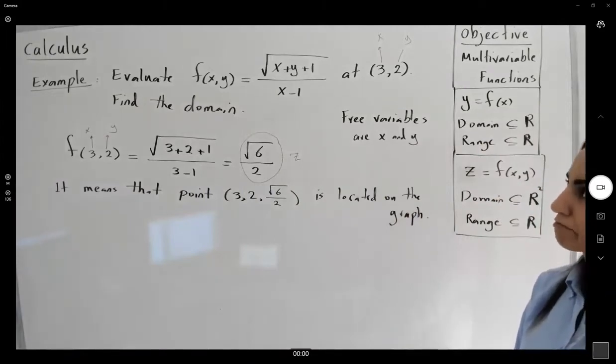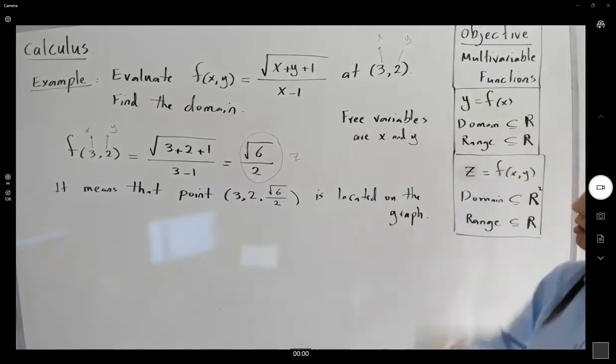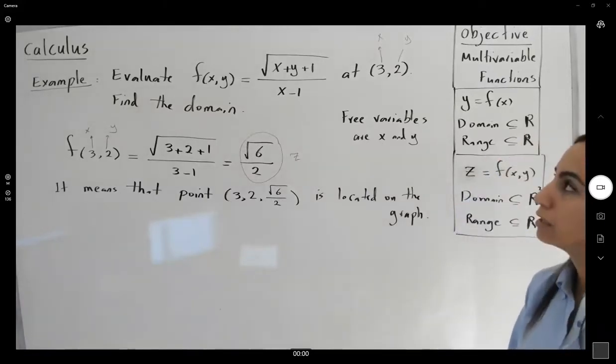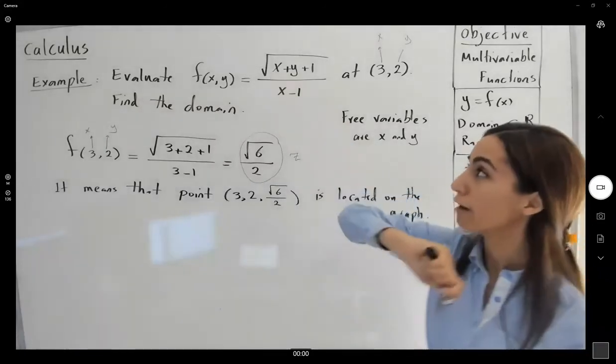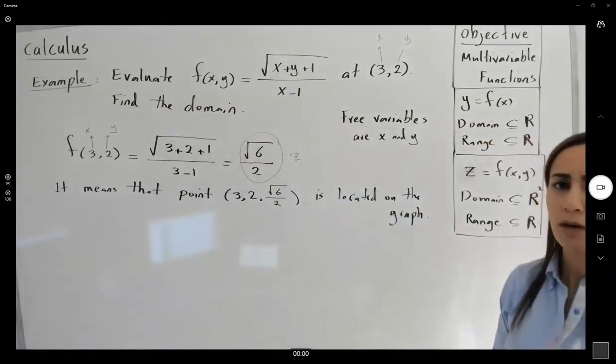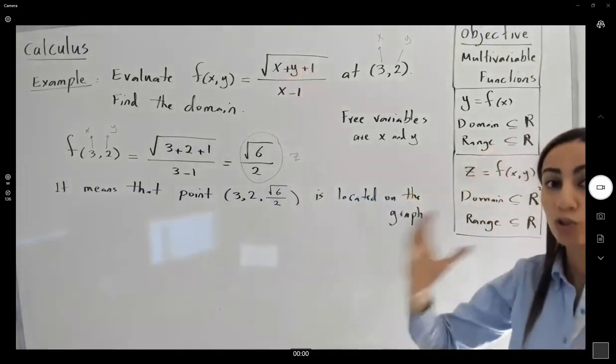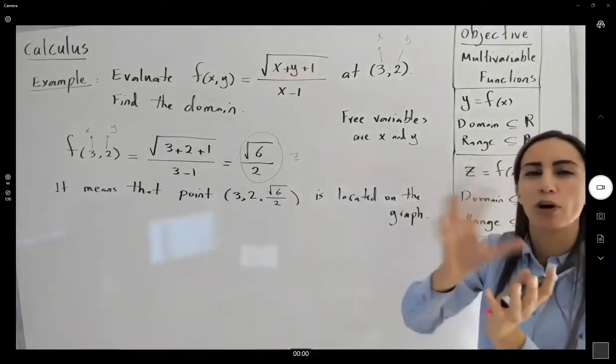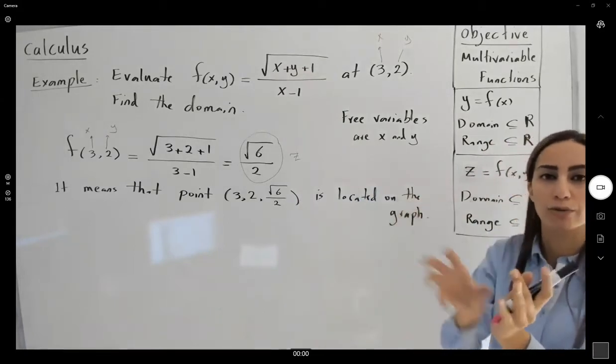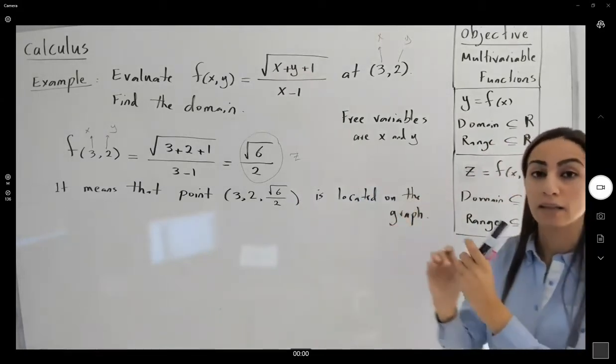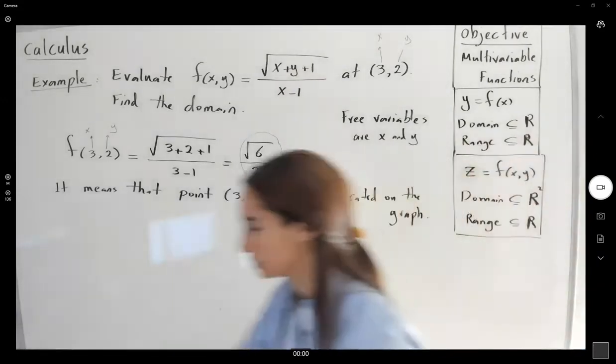What else? It says find the domain. Very well. What do I have here? On the numerator, I have the square root function. Remember that to find the square root domain, we have to take whatever is inside the square root and set it greater than or equal to 0.